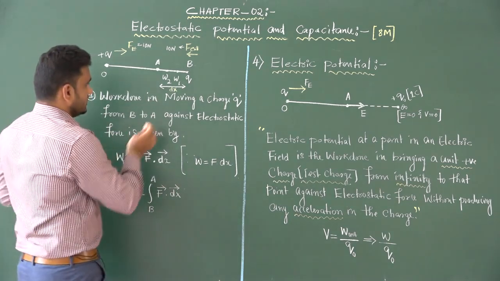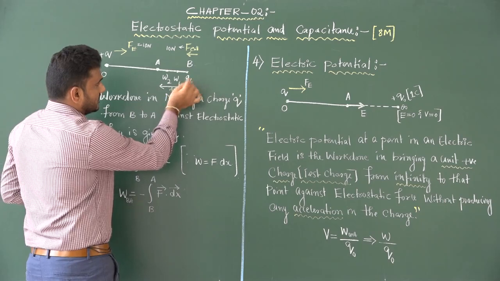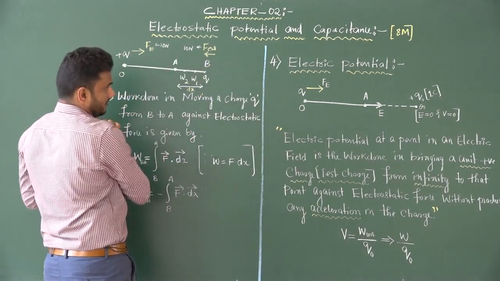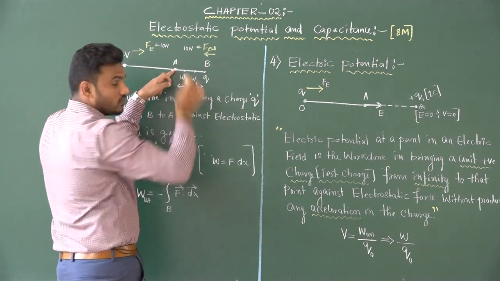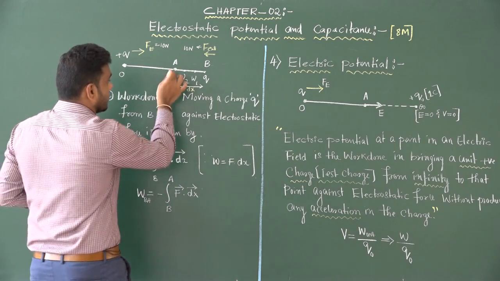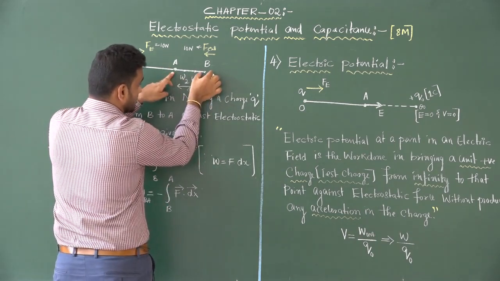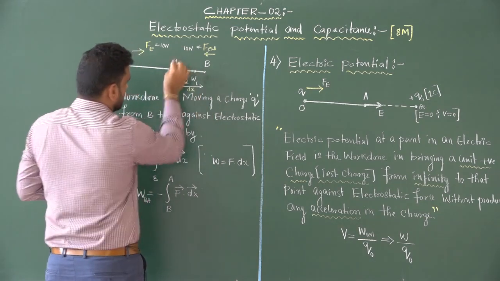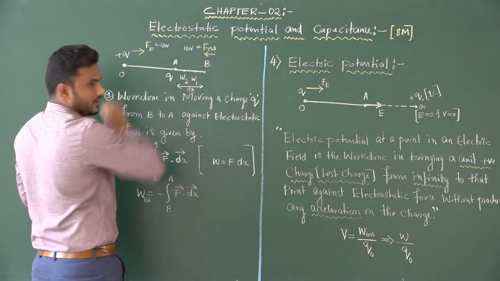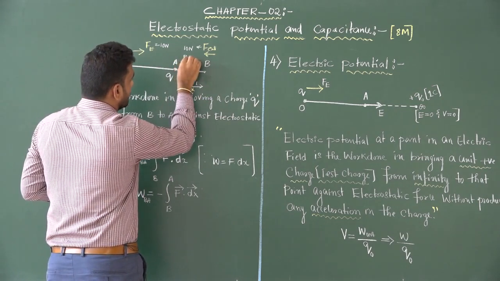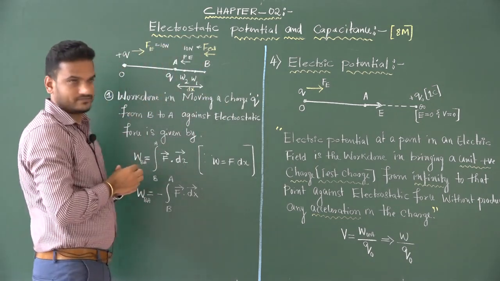you just imagine we brought the charge from point B to the point A. Then the work done is stored as potential energy at the point A, because we are bringing the charge from B to A. So the work done is stored in the form of potential energy.